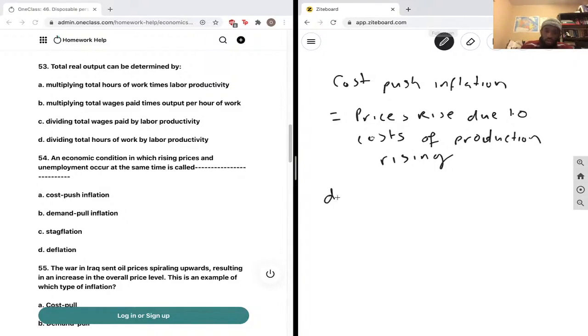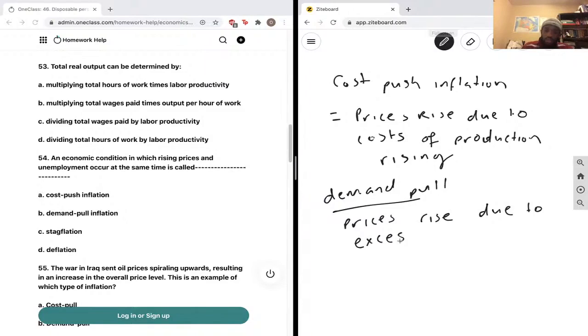Demand pull inflation would be prices rise due to excess demand, basically. There's just a large amount of demand that if you increase prices, might not take, it will reduce some of those demands, but your profit will still go up.